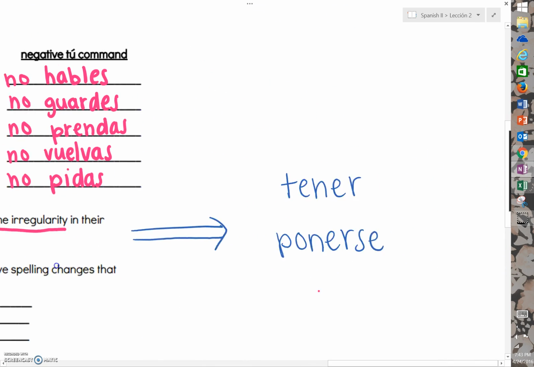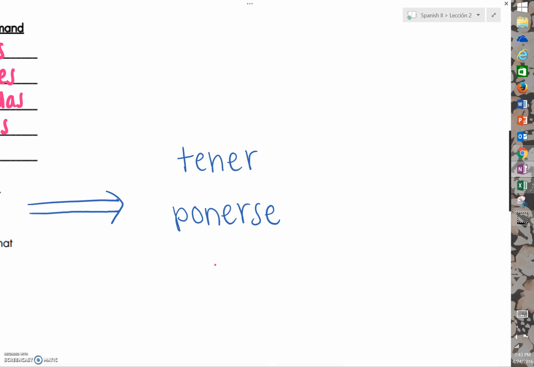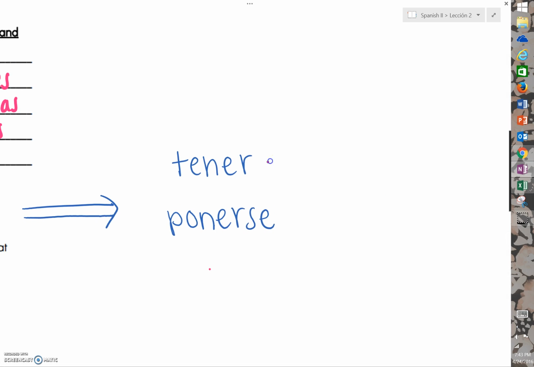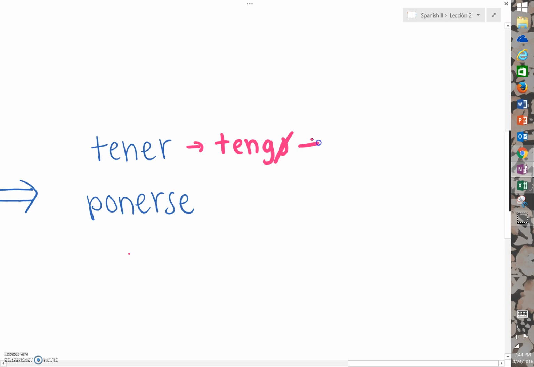So if we have tener, tener is an E to IE wannabe. The yo form becomes tengo. When we form our negative command by dropping our O and adding the opposite ending, we are going to keep that same irregularity. So tener becomes no tengas in the negative command.